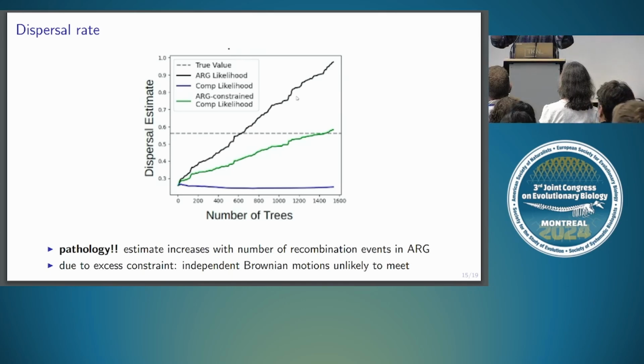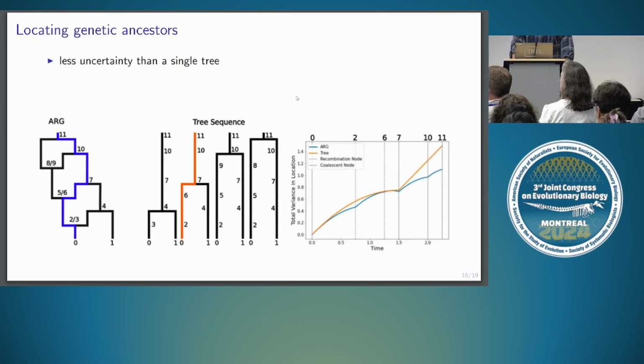But this is a model misspecification. And if you force these Brownian motions to meet at a recombination node, it causes all sorts of artifacts above that to make that event more likely. And so that's why we're getting this increased dispersal estimate as we include more recombination events.